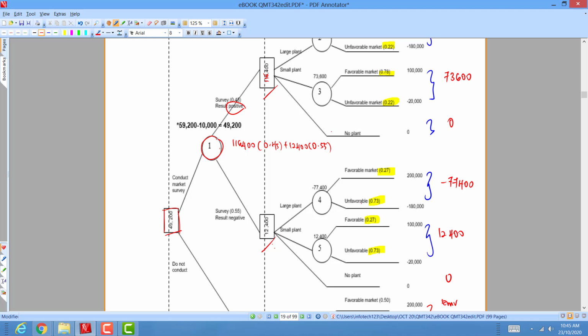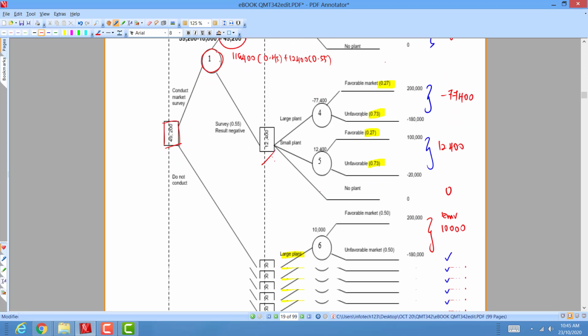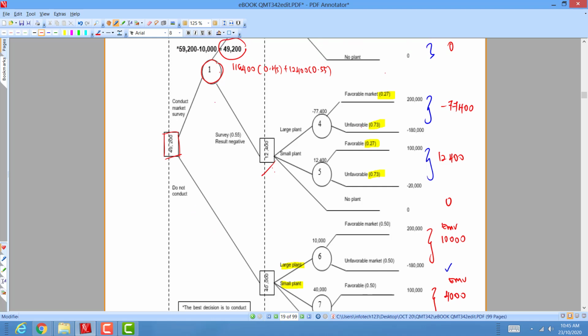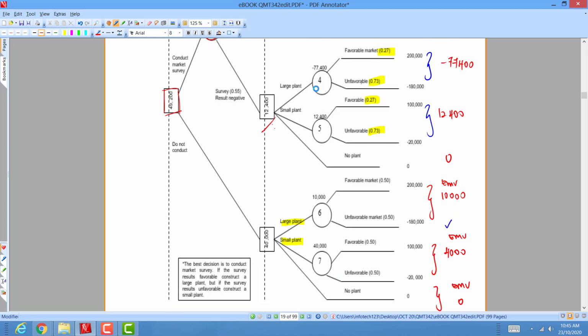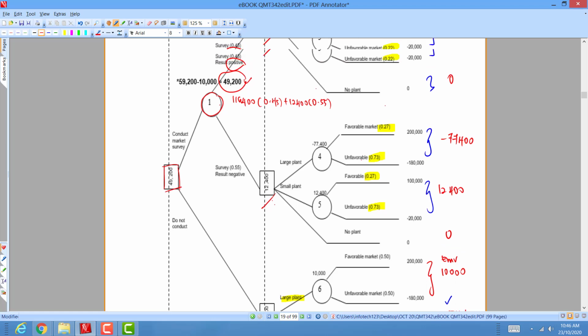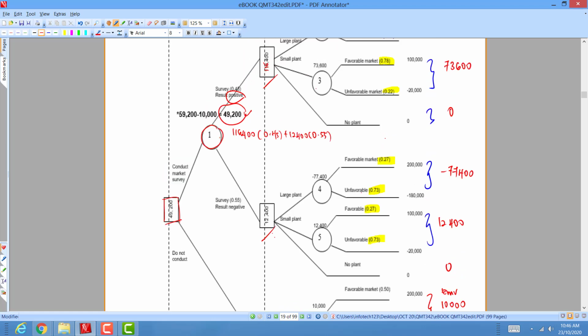You should minus the cost, which is 10,000, in order to get the profit. After you subtract, you can compare with not conducting the market survey to see which one is the largest. You compare this value, 49,200, and also 40,000. We can determine that 49,200 is the largest value.